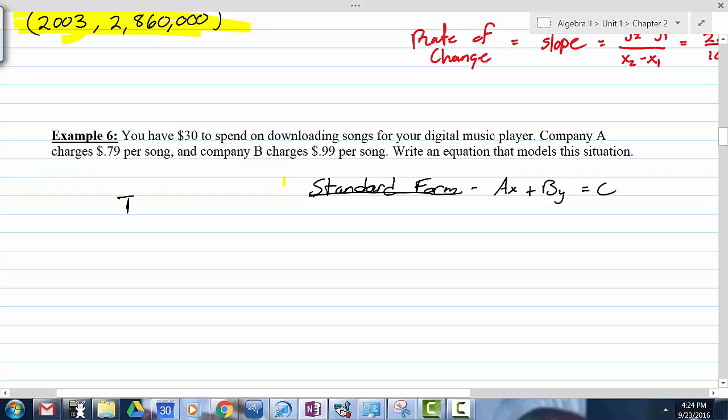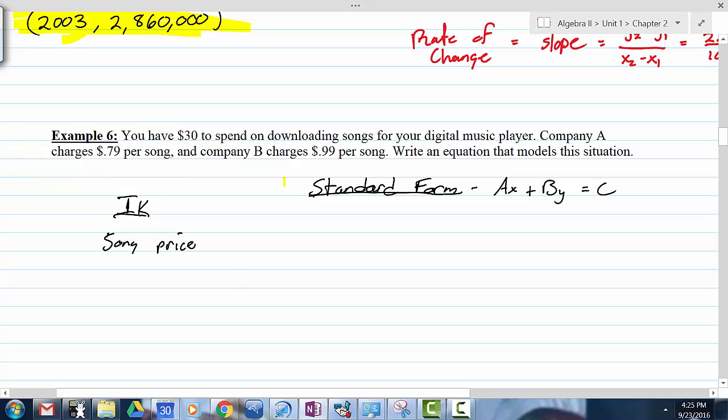So first off, here's what I know. I know my song price. I know the song price for both of them.